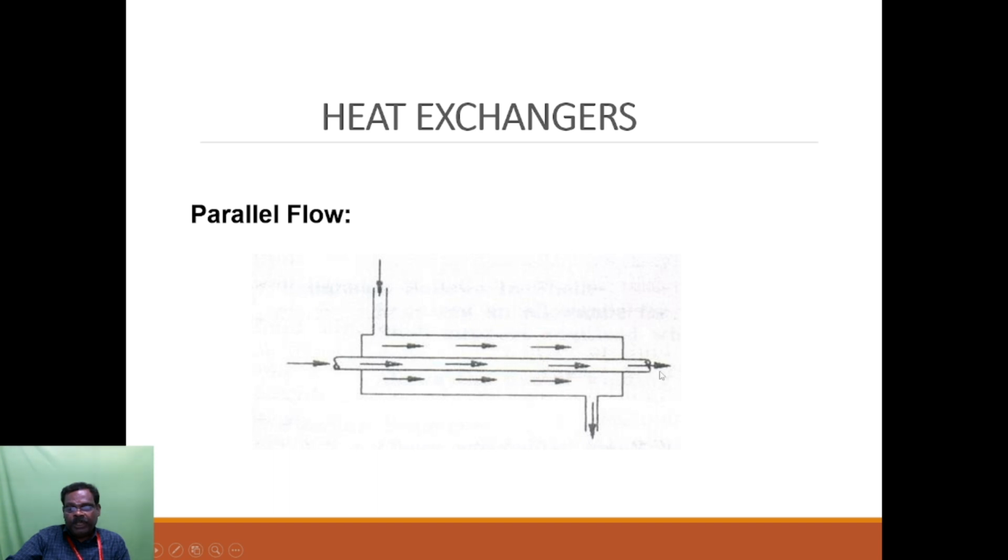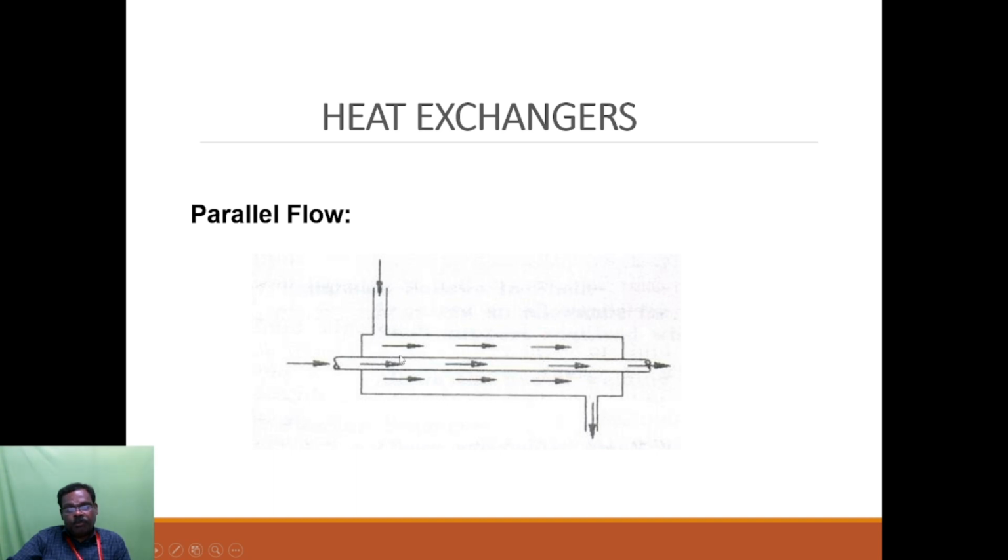One fluid moves inside the inner tube from this place to that place, and another fluid moves in the outer tube. Suppose the hot fluid is inside the inner tube and the cold fluid is moving in the outer tube.